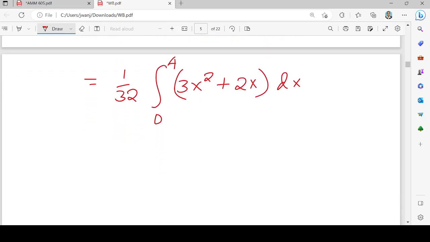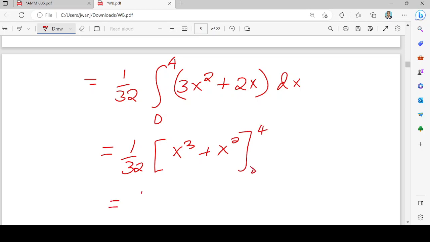So the integral of this will give us 1 over 32 times x cubed plus x squared from 0 to 4. x cubed is 64 and x squared is 16.